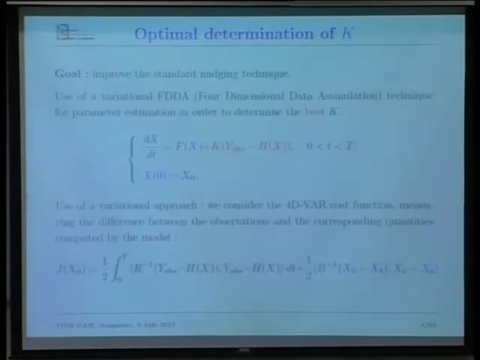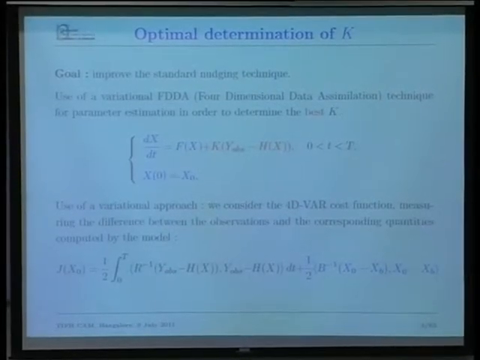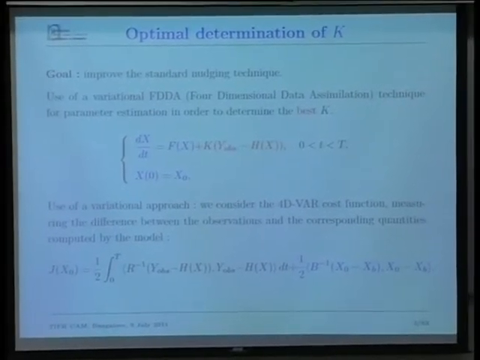So how to choose K? That's the point, because it's the only parameter of the scheme. So the idea of optimal nudging is to use a variational data assimilation scheme to optimize K.